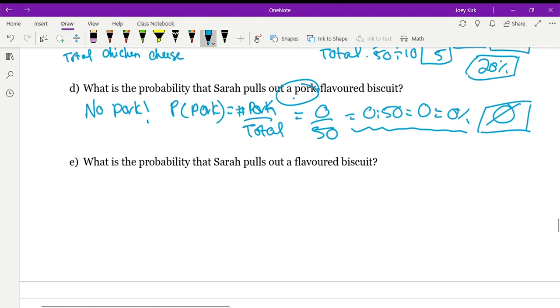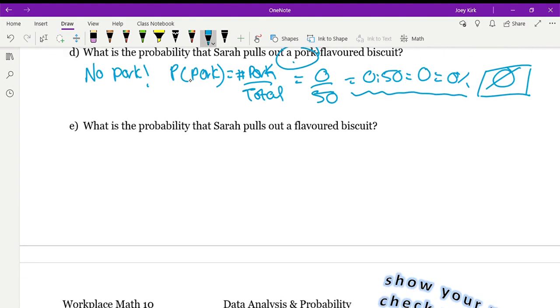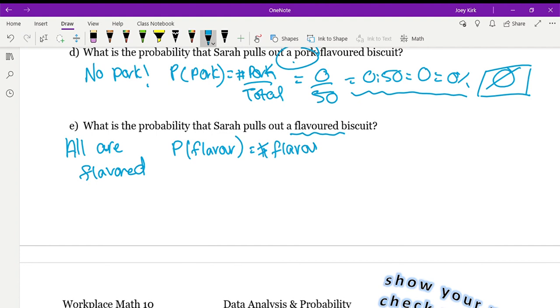And then last one, what is the probability that Sarah pulls out a flavored biscuit? Well, all of our biscuits are flavored. I wrote it the American way, that's fine. All are flavored, so the probability of getting one with a flavor, there, it's Canadian, is equal to the number of flavored biscuits over the total.